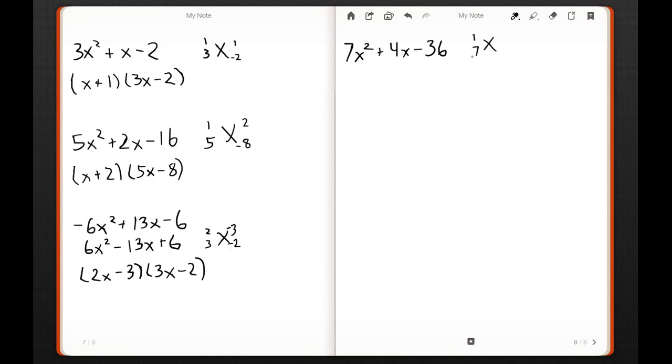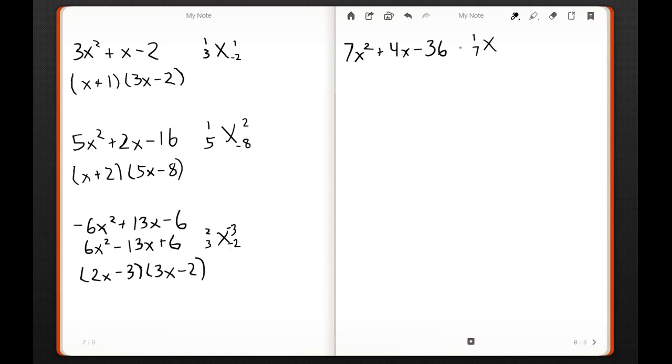Okay, now we have 7 and 1 here. That's a pretty big difference. Yeah, this one's pretty tricky. We have to get to 4 when we multiply across and add them. So because the 7 is so high, we're probably going to have the lower of the two factors of 36.